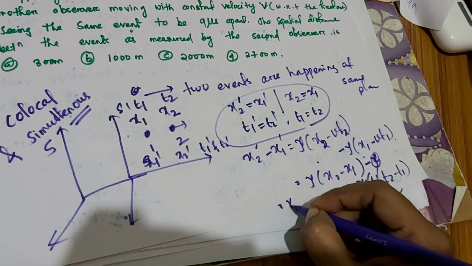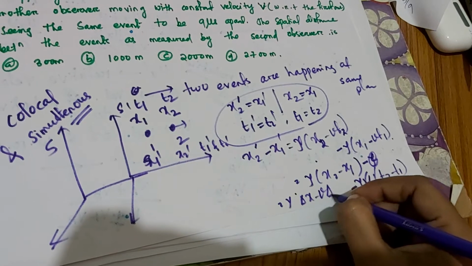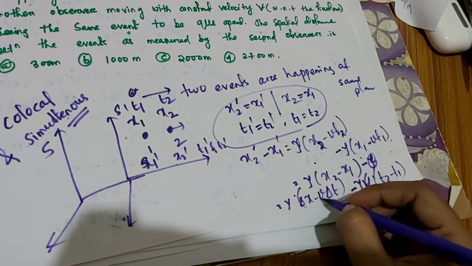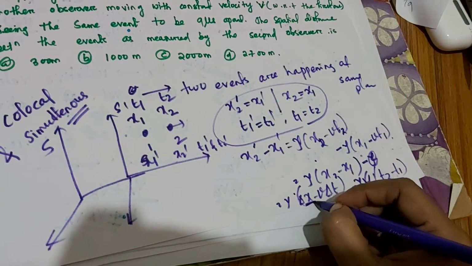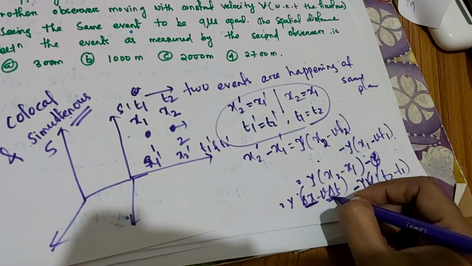As a whole we will get gamma (delta x minus v delta t). Here delta x is the separation in position, and delta t is the separation in time.